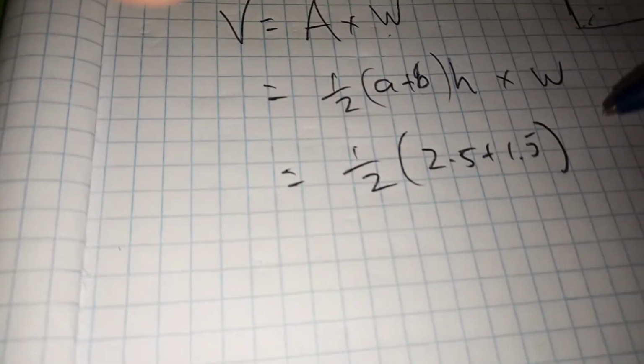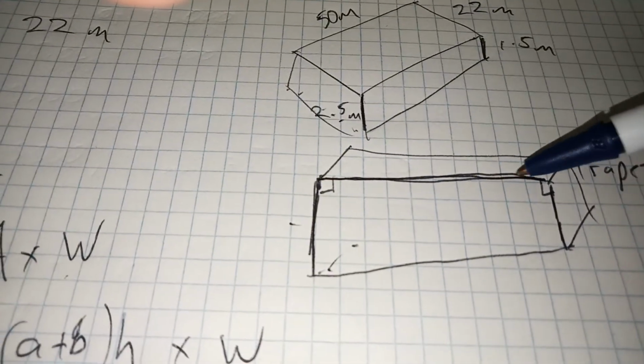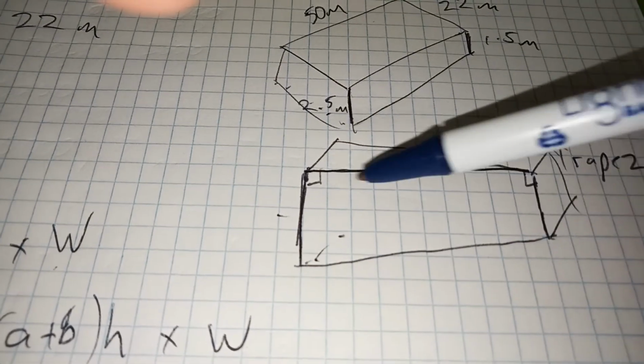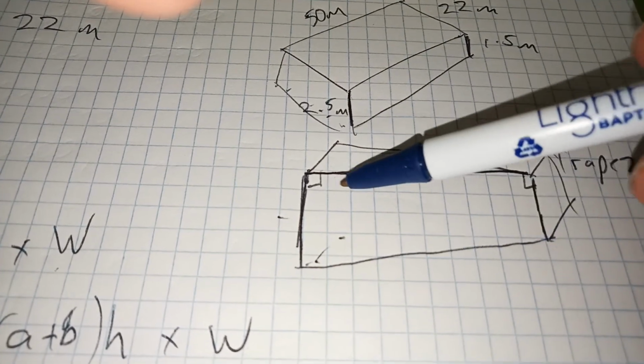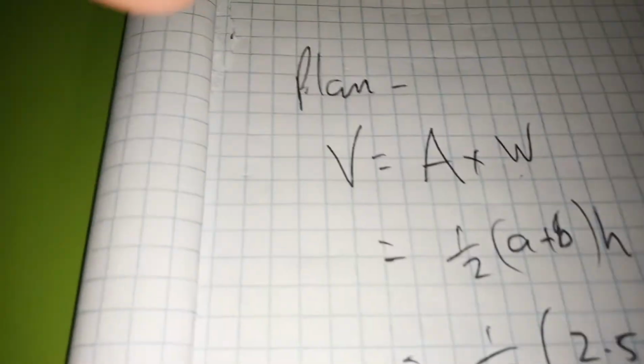Okay, and the length of the pool is 50 meters. Tricky because there's a couple of heights in this question. So the length of the pool here is your 50 meters, and if you think of this as a trapezium, the perpendicular height of that trapezium is your 50 meters.